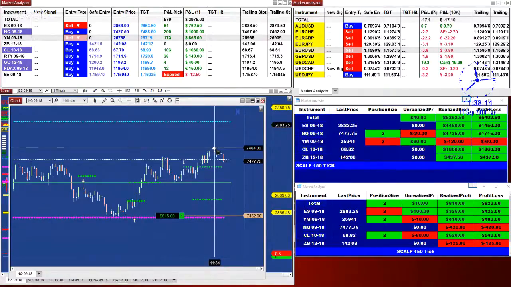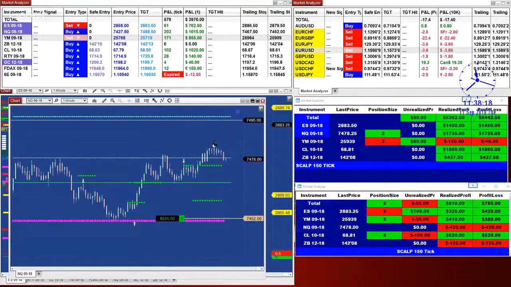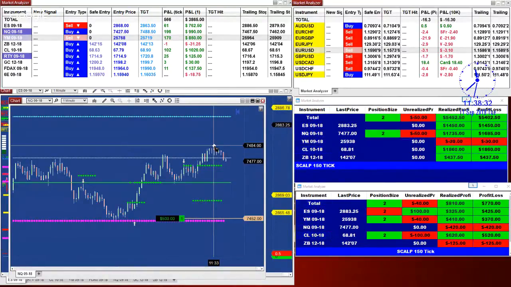So this dot here is a reversal. It's calculating your ABCs and is based on alpha waves. And this is confirming the party is over on the long side on the Nasdaq. It's finished.